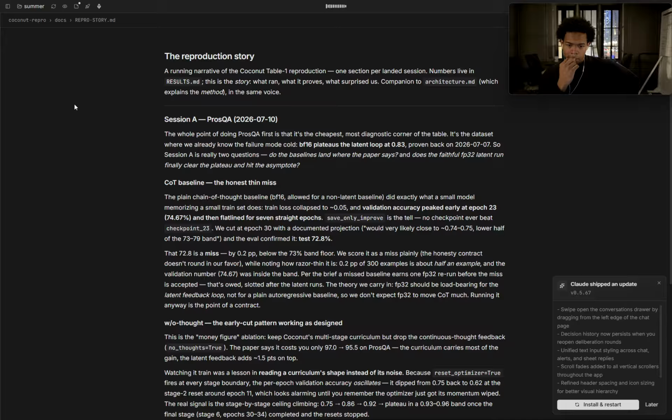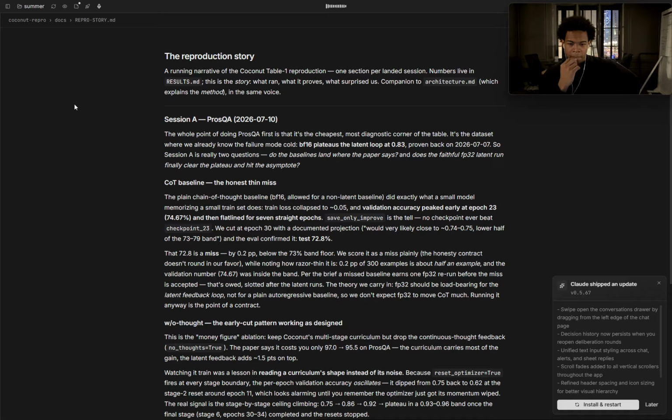Per the brief, a missed baseline earns 1 float 32 rerun before the miss is accepted. That is owed, slotted after the latent runs. The theory we carry in, float 32 should be load-bearing for the latent feedback loop, not for a plain autoregressive baseline. So we do not expect float 32 to move chain of thought much. Running it anyway is the point of a contract.